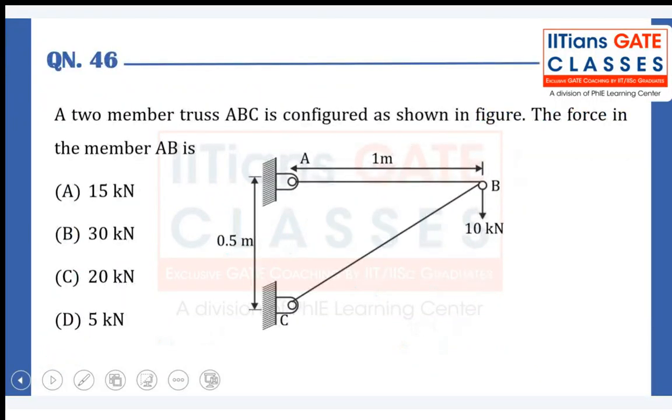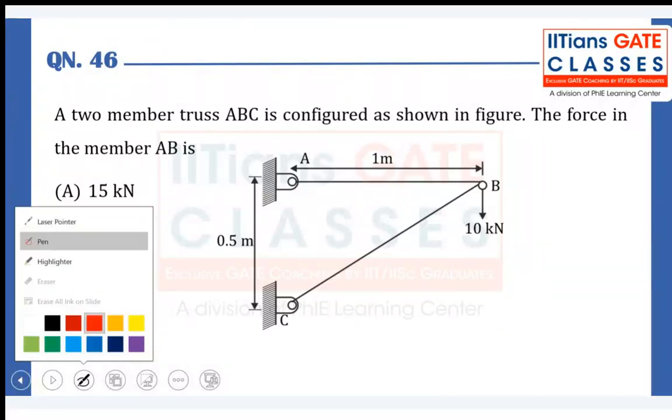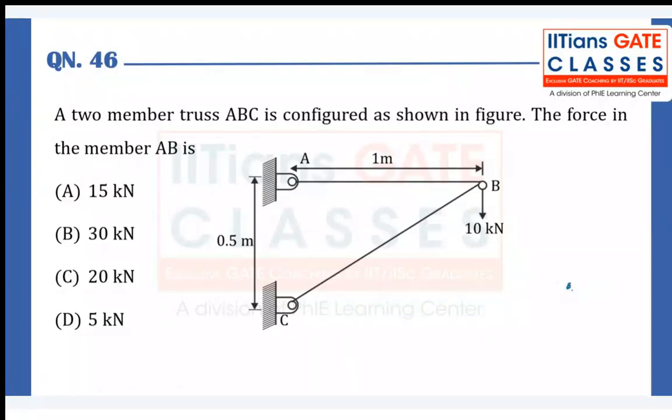Coming toward the next question. This is again from mechanics. From the truss topic, we have a 2-member truss ABC, as shown in this figure. The force in the member AB is what they are asking. So let's try to draw the free body diagram of joint B. The joint B has one force, 10 kilonewton, acting in the downward direction.